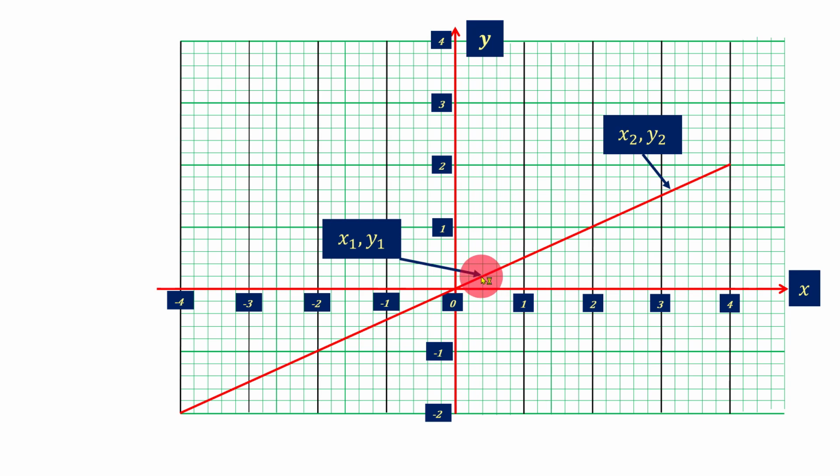So the value of x1 is 0.4 while the value of y1 is 0.2. When we come to this point, the value of x2 is 3.2 while the value of y2 is 1.6 because this one is 1.2, 1.4, 1.6, and you can see that.